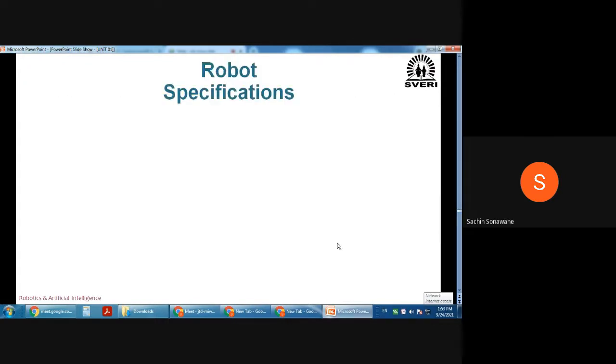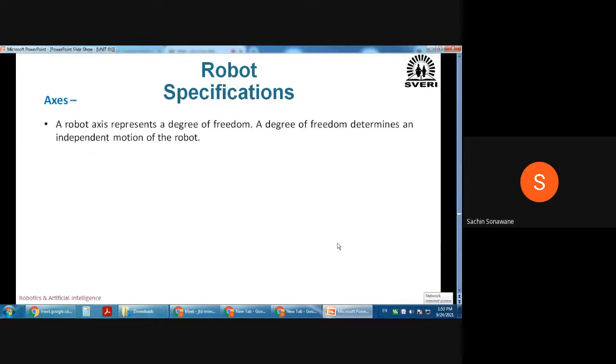Now, robot specifications. First is axes. A robot axis represents a degree of freedom. A degree of freedom determines an independent motion of the robot.